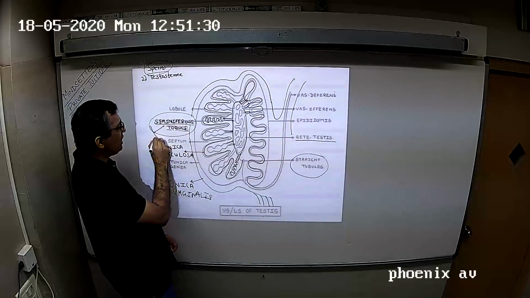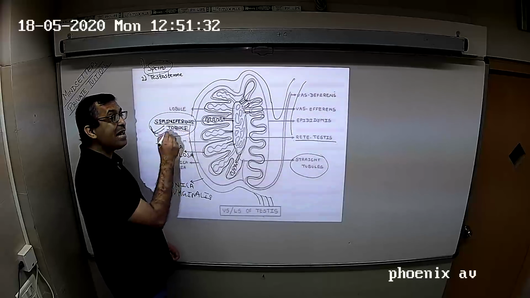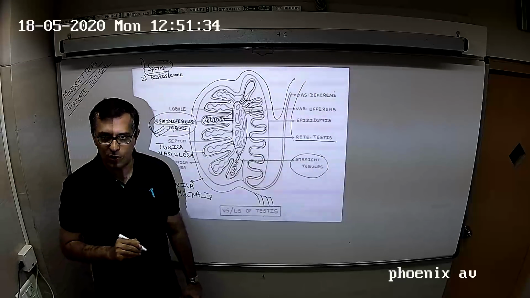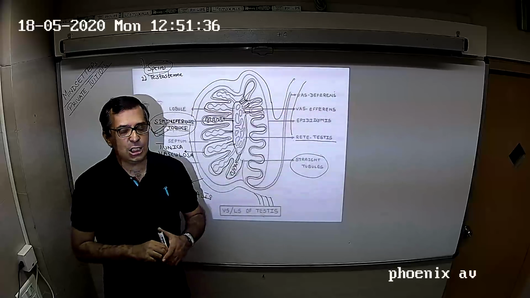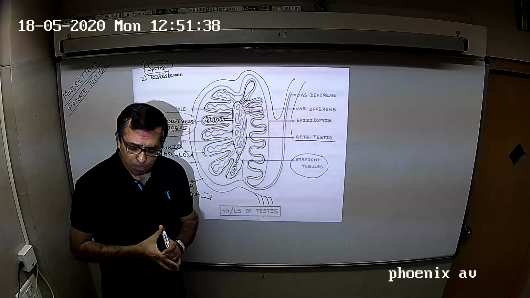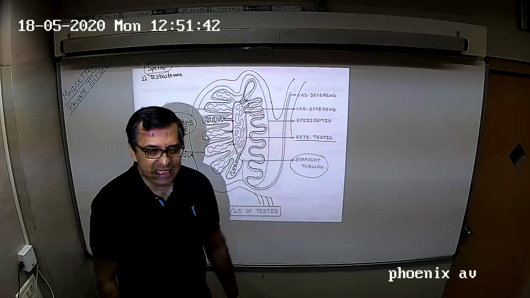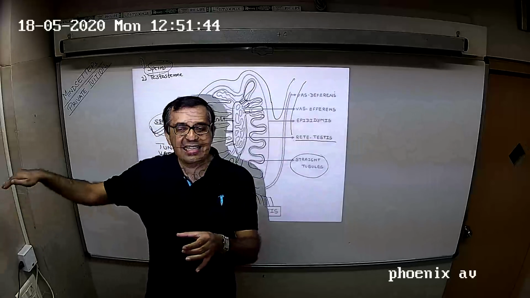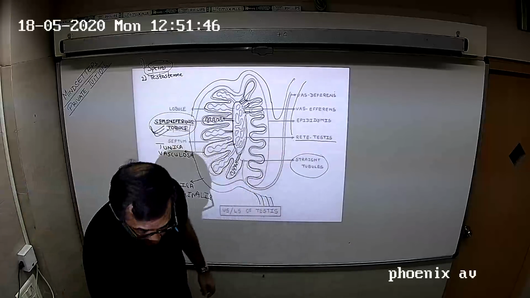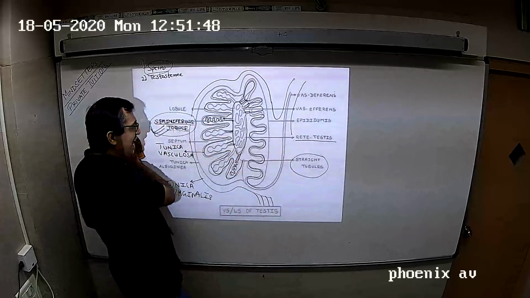So, we have understood the first question, where are sperms produced? Sperms are produced inside the seminiferous tubules. How are these sperms produced? Beautiful logic. For that, we will now take a cut section called the transverse section.